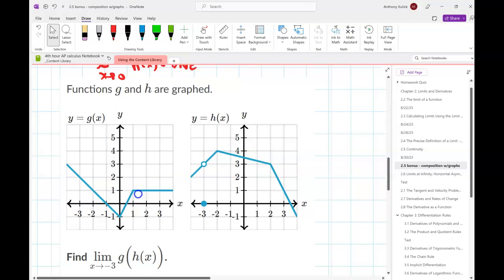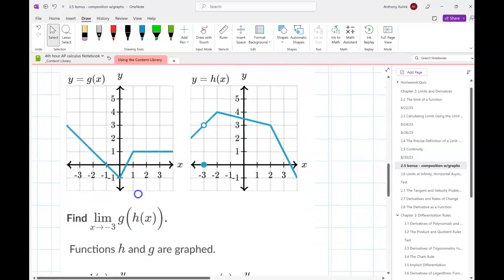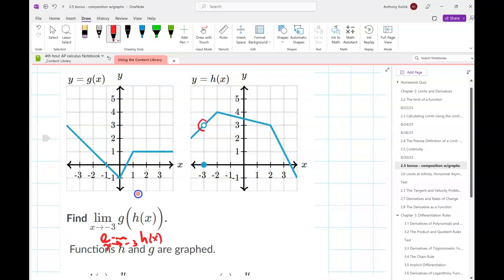Here again, I notice h of x has a discontinuity. So I have to be a little bit careful here. If I look at that limit, that's -3. The limit as x approaches -3 of h of x is 3.